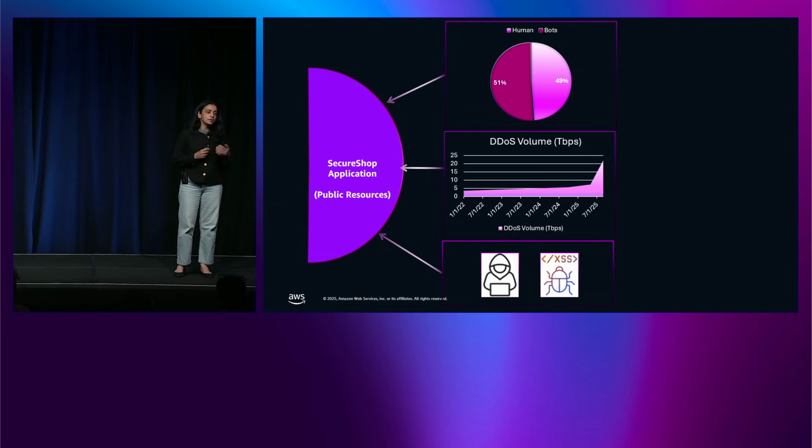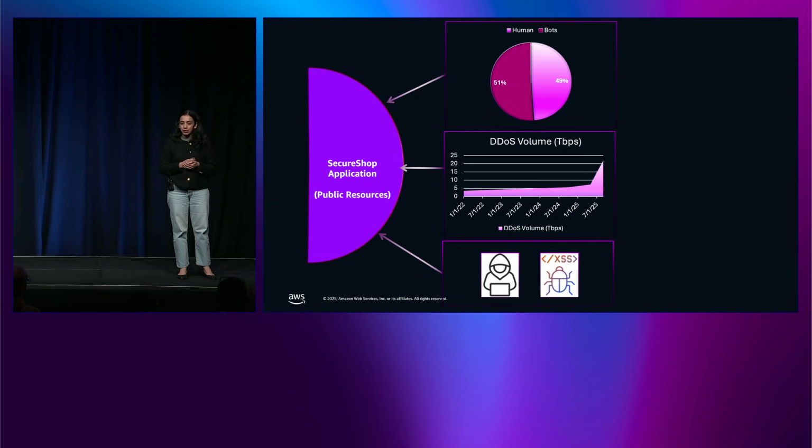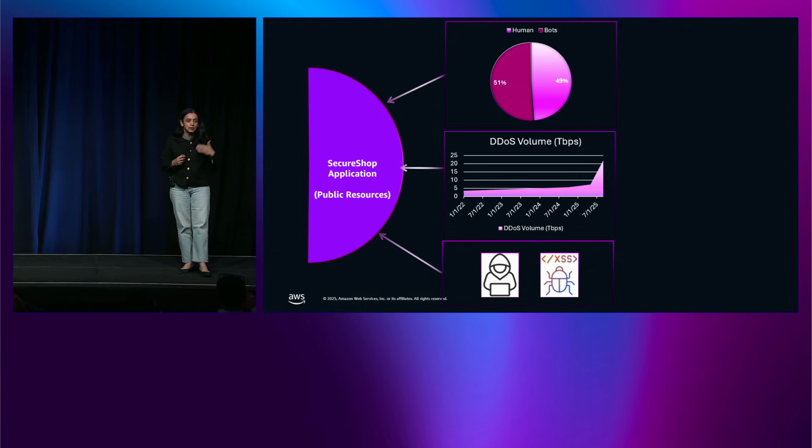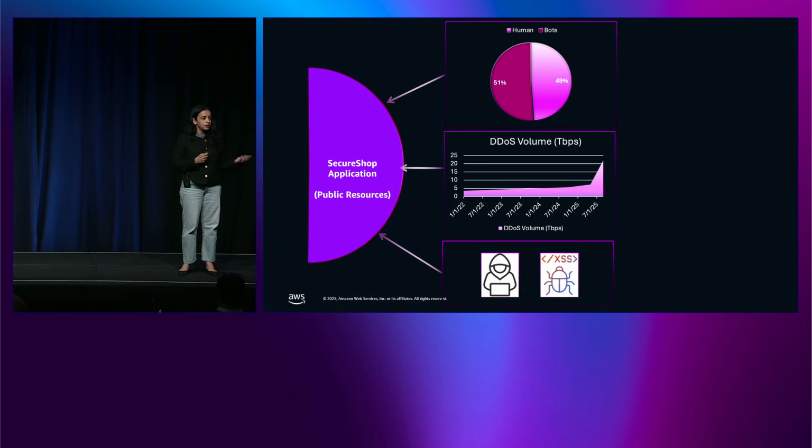And then finally, Secure Shop is an e-commerce application. There are some common threats they have to worry about all the time, like is somebody creating a fraudulent account? Is a legitimate customer account being taken over? Is there some malicious cross-site script that is coming to their application that may expose customer data and make them lose customer trust?